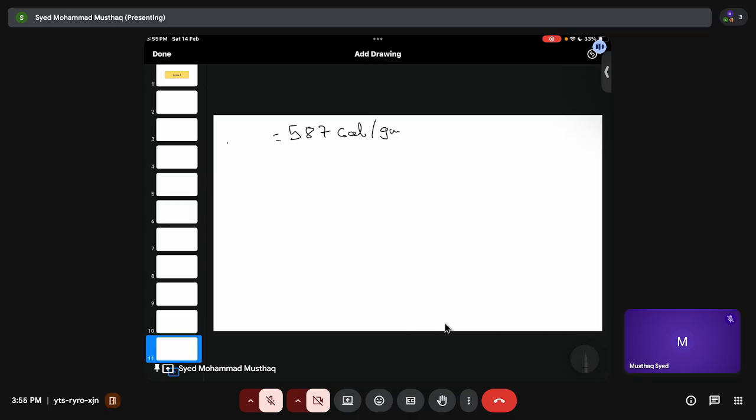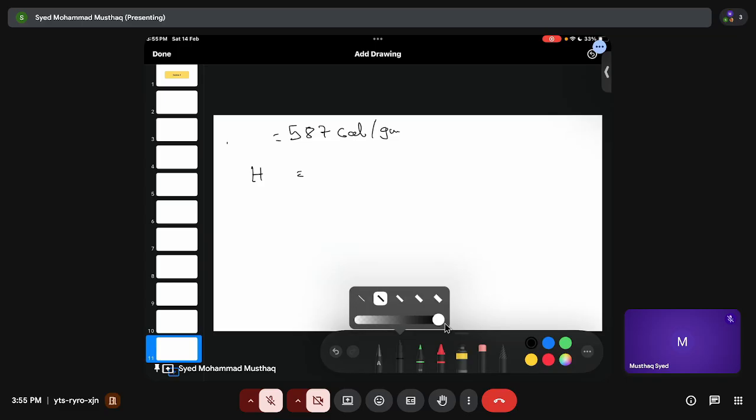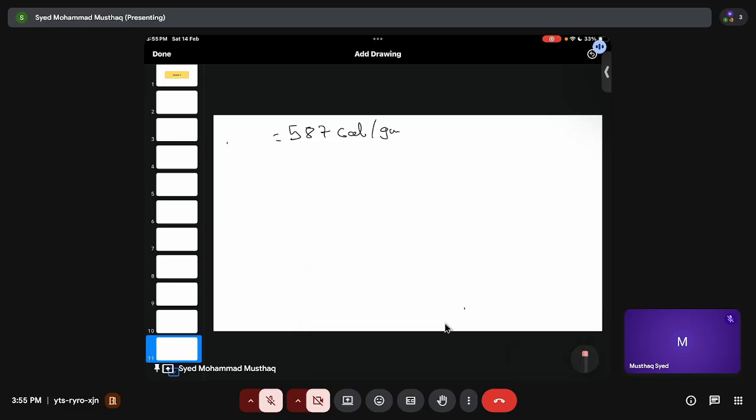So 1 part of hydrogen burns with 8 parts of oxygen to produce 9 parts of water. If I am talking in percent values, because everything in coke was given in percent, that means H by 100, which will give me 9 into H by 100.